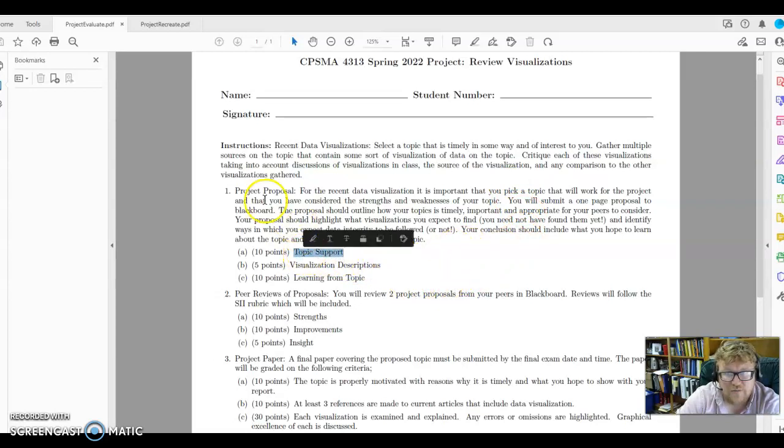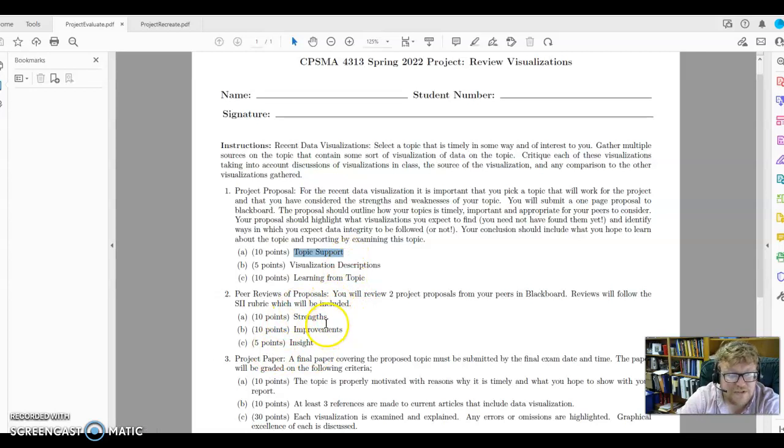Your proposal will be due on Friday. You should tell me why you're interested in the topic, what you think the visualizations you find will display, and what you hope to learn from the topic. That would be your project proposal due Friday.